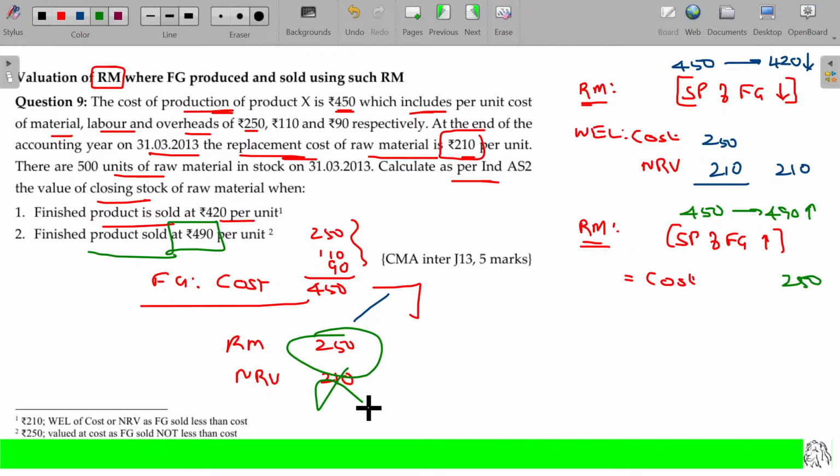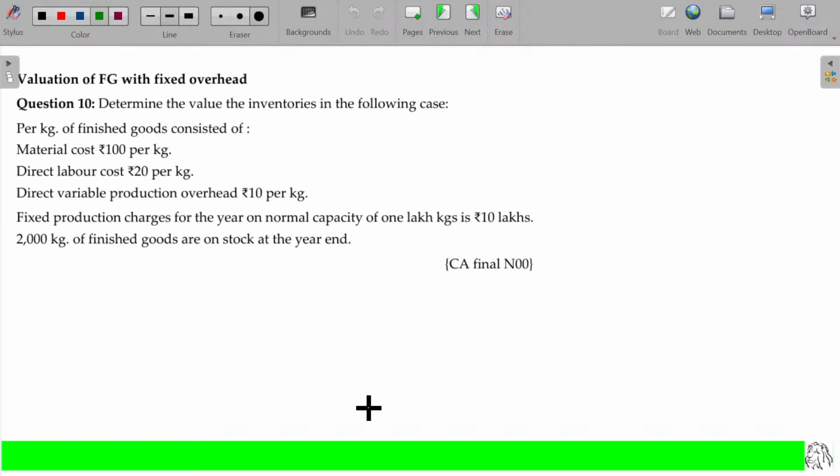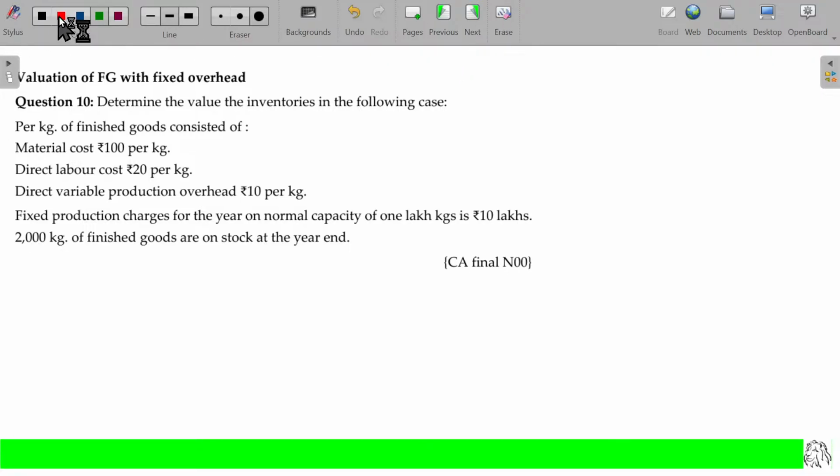Now let's move on to the next one. Valuation of finished goods. Determine the value of the inventories in the following cases. Material cost 100. Direct labor for manufacturing finished goods 20.